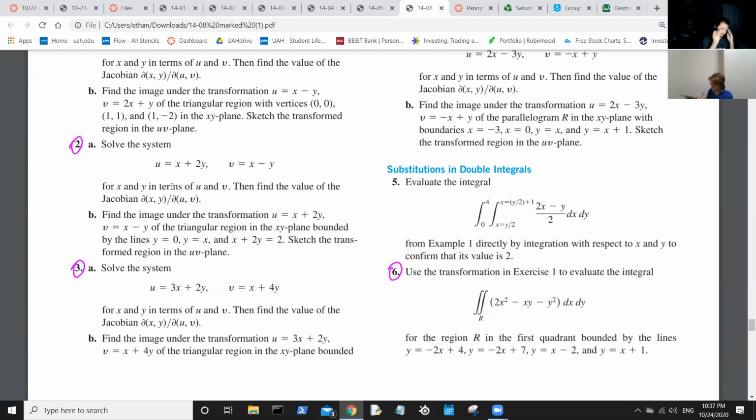All right, so there's that. U plus 2v equals 3x, right? So then we divide everything by 3 once more. So we have x and y in terms of u and v now. Check. So now we have to use that to find the Jacobian.